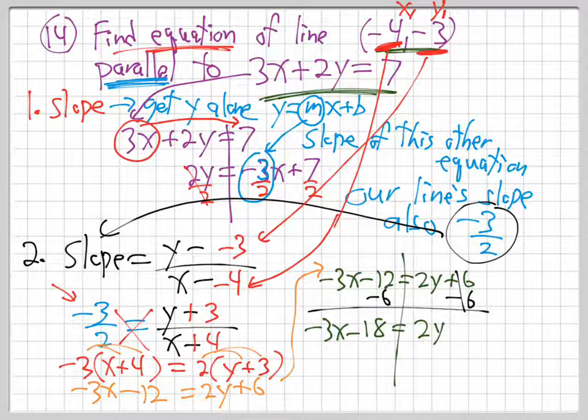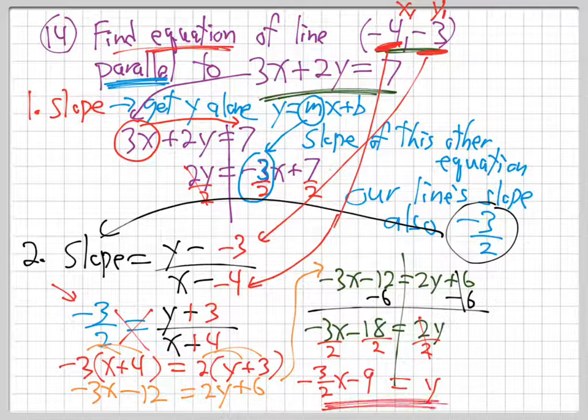Last step. Divide by 2. Now when you divide by 2, divide all 3 of them by 2. Does everybody see what I'm doing there? These will cancel. This is minus 3 halves x minus 9, isn't it? There it is. We got it alone.